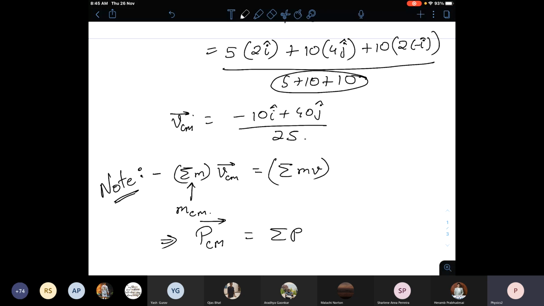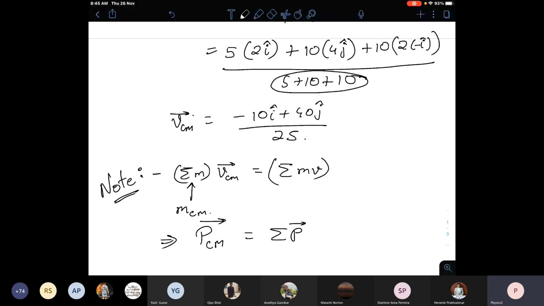This is also a vector. So momentum of center of mass is just the summation of the momentum of each particle. There is no division, nothing. That's it. Whether you calculate VCM or the momentum of the center of mass, it is one and the same, so we don't have to worry about that.